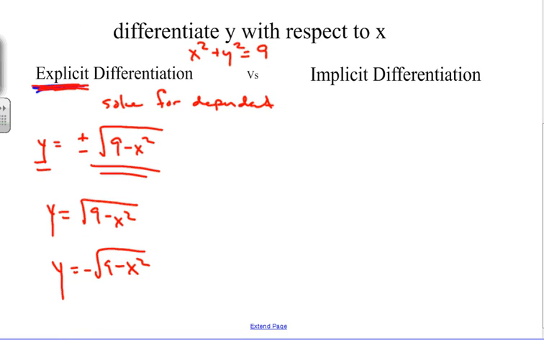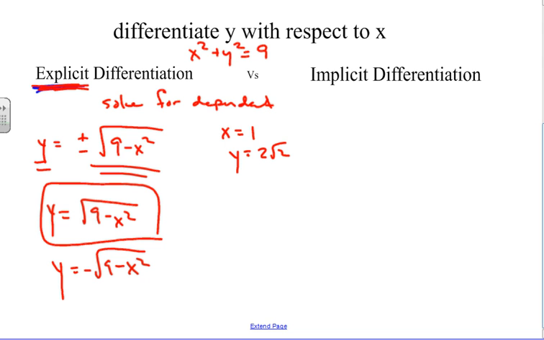Now, if I want to figure out what is the derivative at the point x equaling 1, what I could do is figure out which equation has the 1 and then our y value, which is 2 square root of 2. Well, that would be the top one. So what we can do is differentiate this with respect to x and determine what that would be.